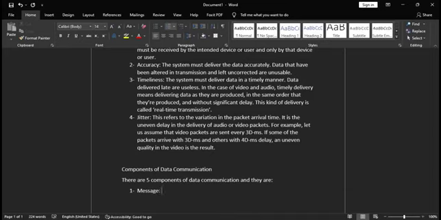Now the message is the information, otherwise known as data, to be communicated.